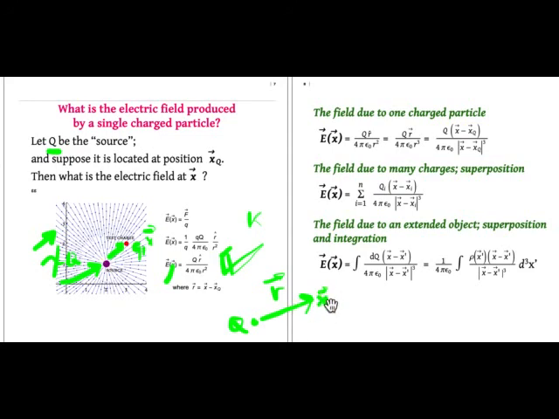This point. Now, you know, the origin might be down here. Maybe here's the origin. So this is XQ. This is X. And if I take X minus XQ, I get R.